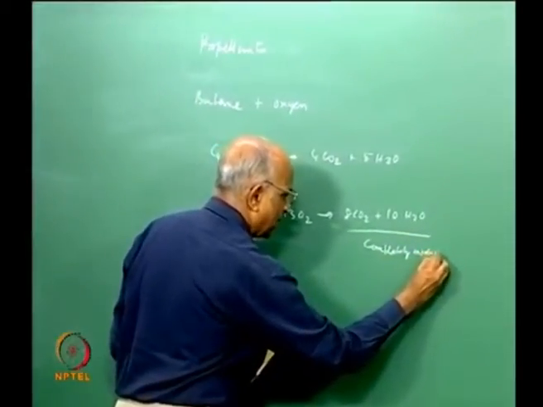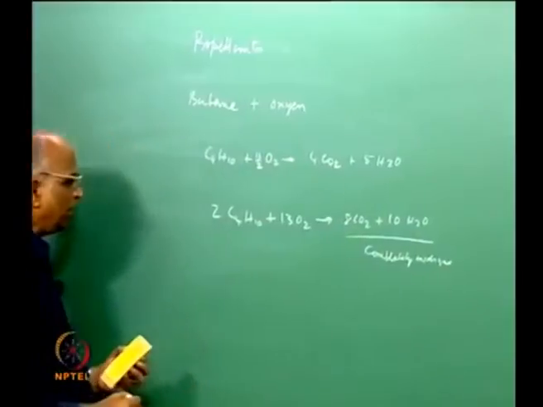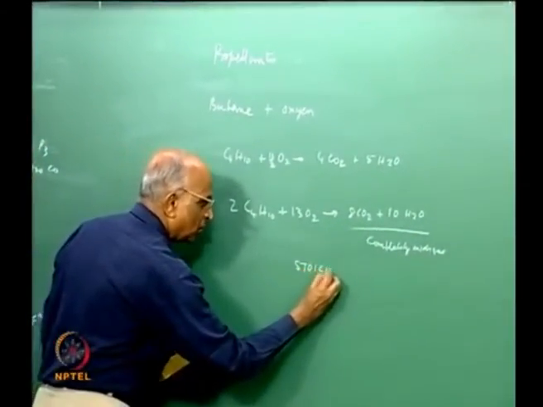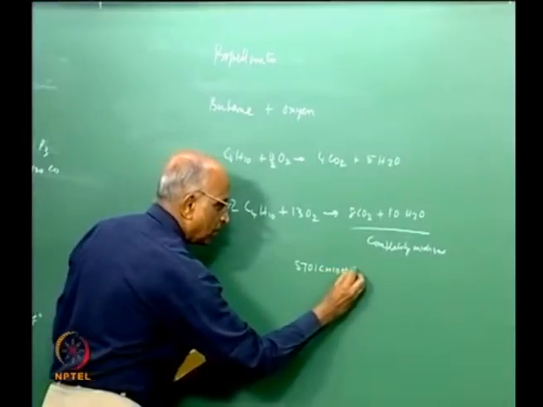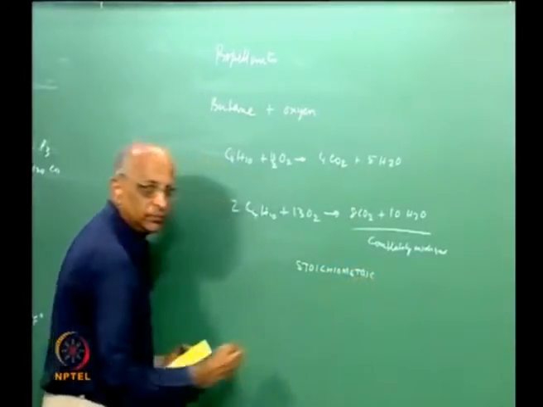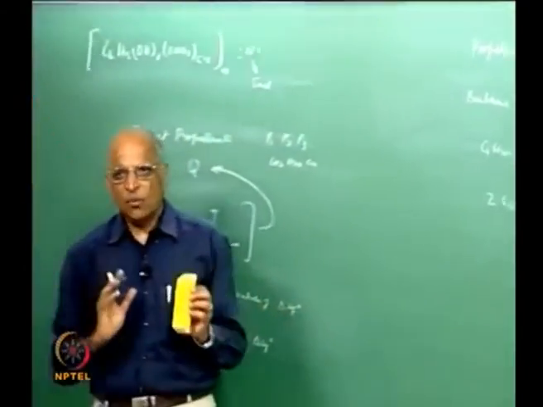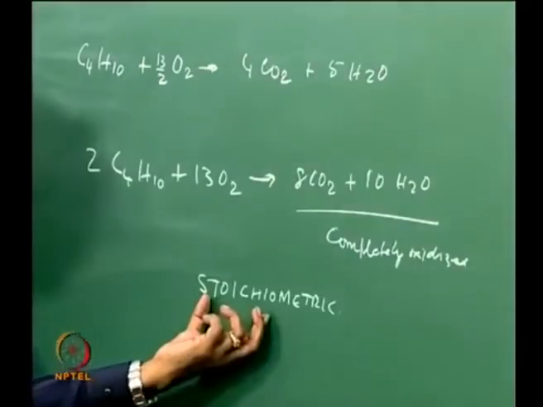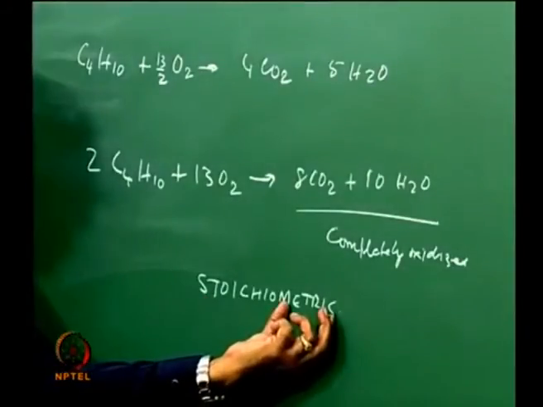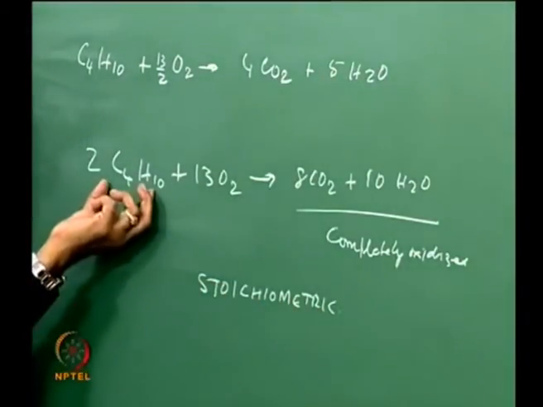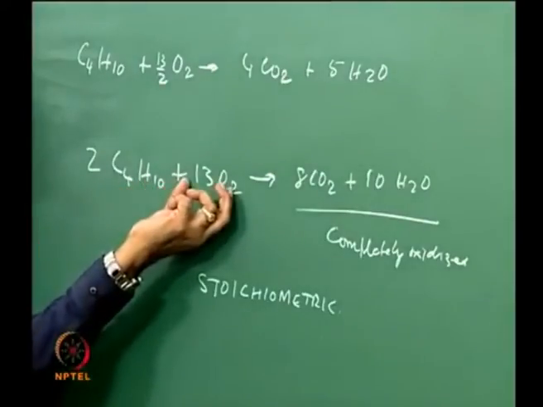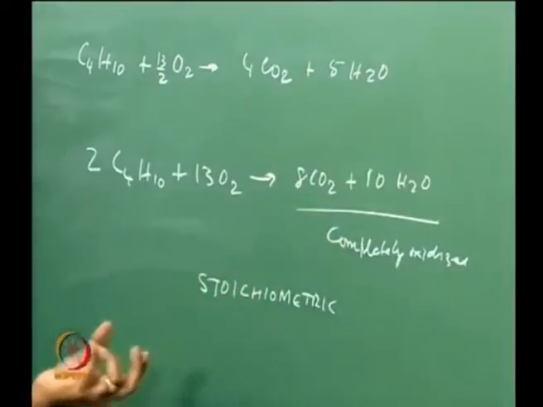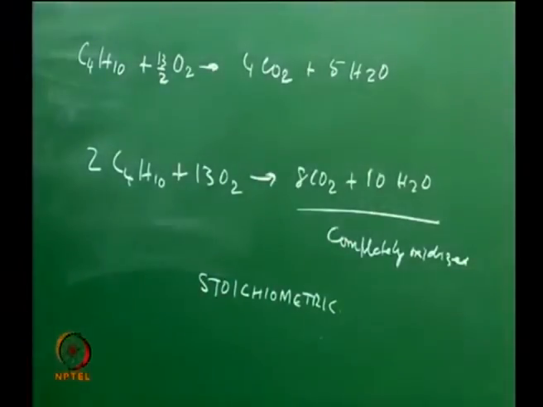And when we form a reaction in which the products are completely oxidized, we call the reaction stoichiometric. What do you mean by stoichiometric reaction? Stoichio means element, metric means proportion in Greek, and therefore we are talking about the proportion of the fuel and oxidizer such that we form completely oxidized products of combustion. This is what we mean by a stoichiometric reaction.